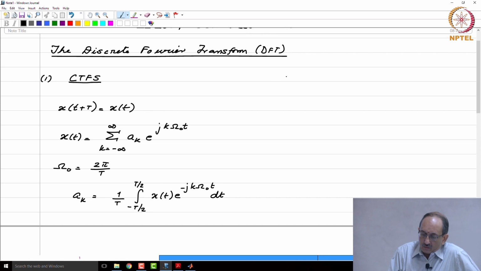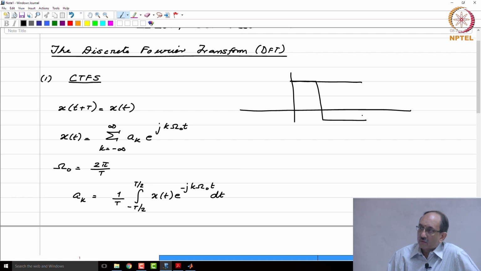One Walsh basis function is like this, the next basis function will be like this, and then you can have the other basis function like this. I am not drawing this exactly, I am just giving you a feel. So now my basis functions are constant and square pulses.